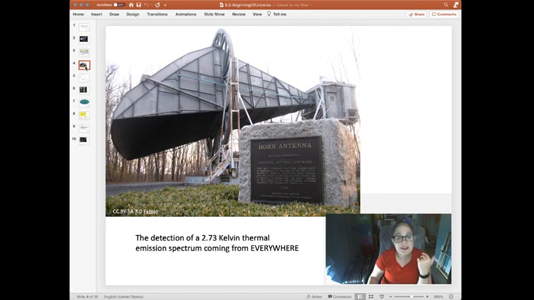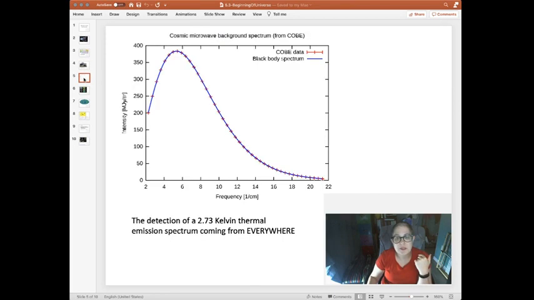Like I said, it is a thermal emission spectrum. Here is data from the COBE satellite. It was a microwave/radio telescope in space that was sent to make the most precise measurement of the thermal spectrum of this 2.73 temperature background.